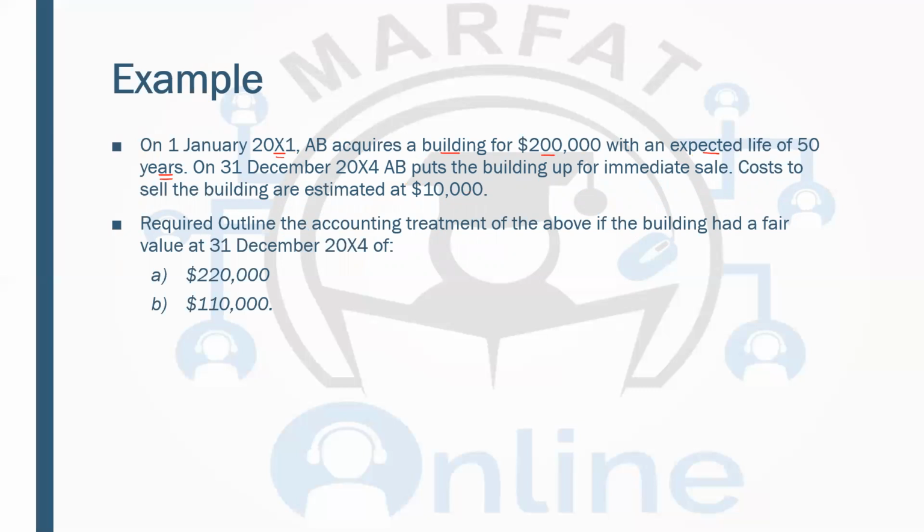So you can calculate the depreciation of it. 200,000 divided by 50 gives you 4,000 as depreciation, 4,000 per annum.